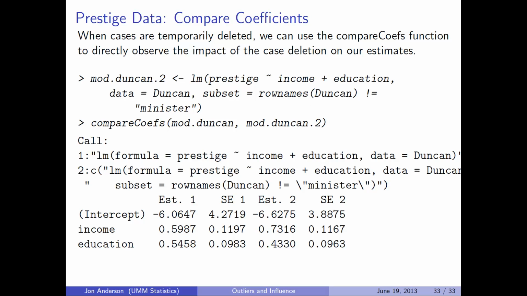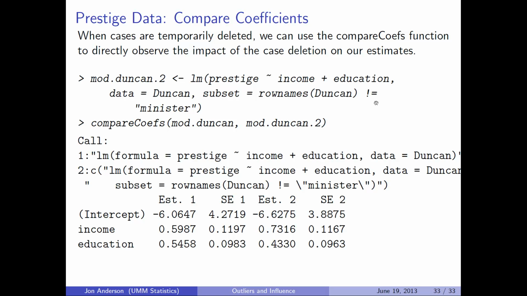As I suggested earlier with outliers, what you might want to do is just temporarily delete them and take a look at what happens to estimates for the new subset. And so what I've done here is made a new model called Model Duncan 2 that has taken out the minister. So I've made a subset of the Duncan data.